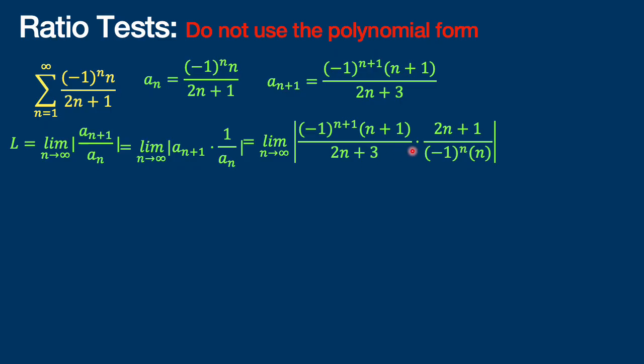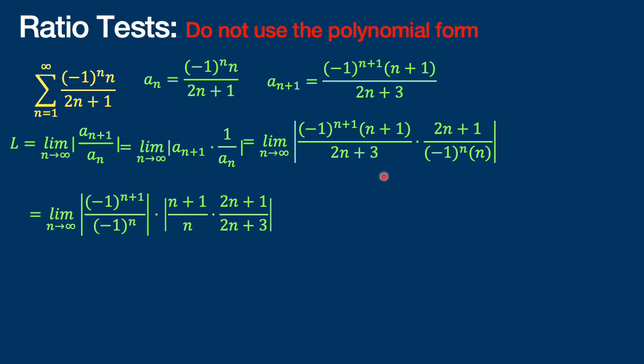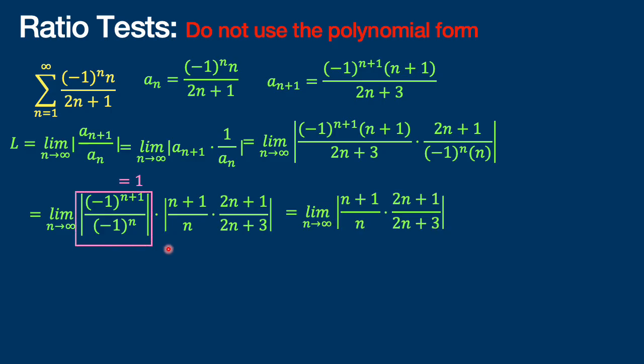So let's just swap the places. You have (-1)^(n+1) over (-1)^n, that's the first term. Then (n+1) over n, and 2n+1 over 2n+3. You know that the first value is going to be 1 because of the absolute value. Now you have (n+1) over n times (2n+1) over (2n+3).